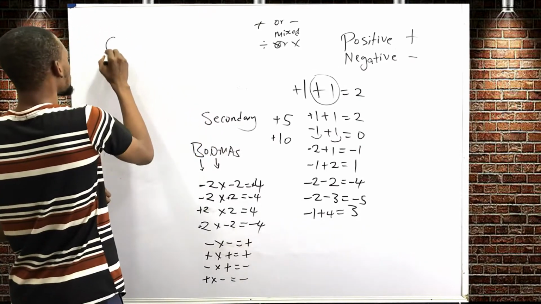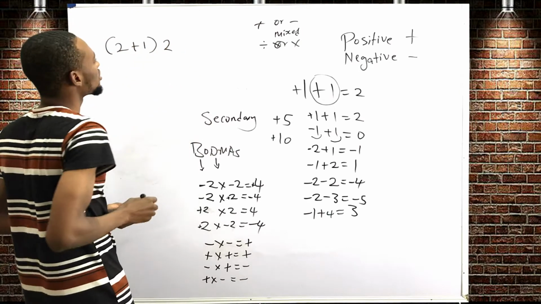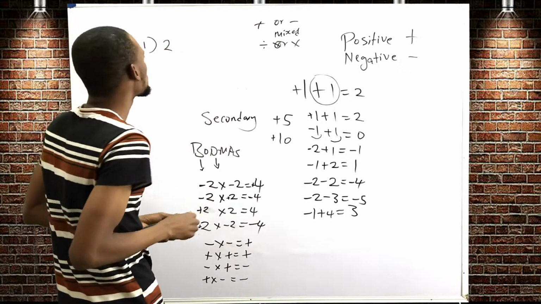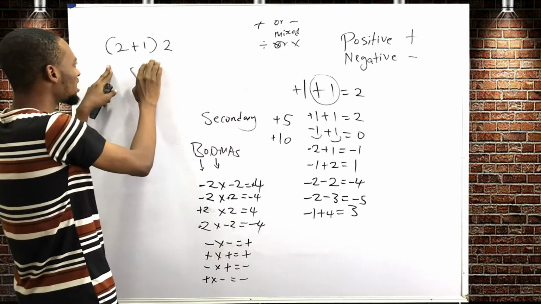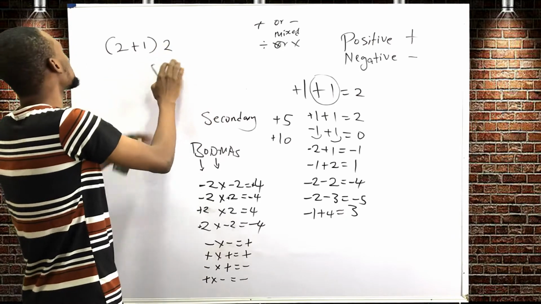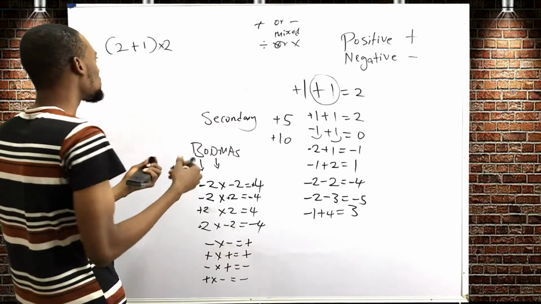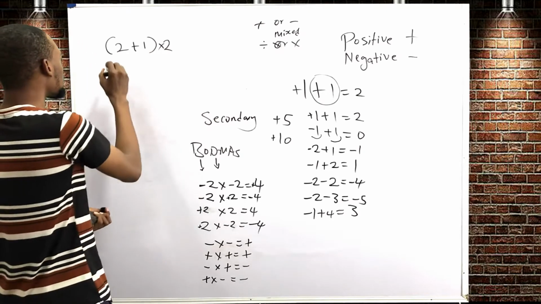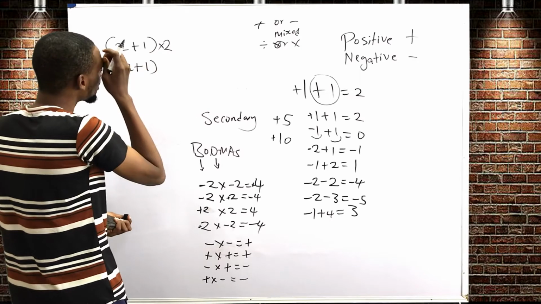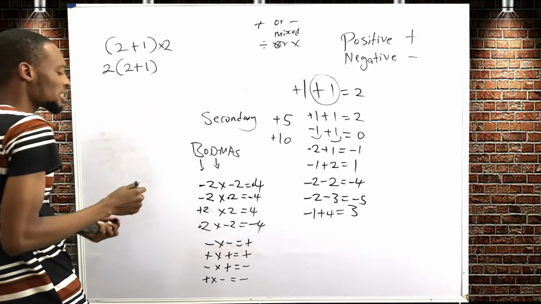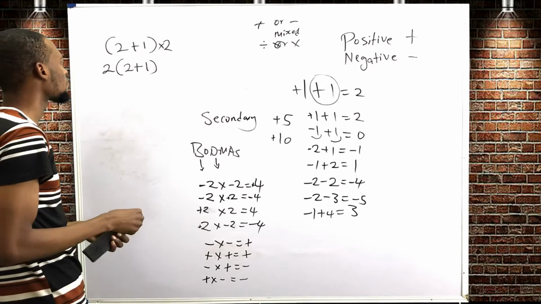If I say 2 times the bracket 1 plus 2. First, what does this mean? When you have brackets, anything outside the bracket is multiplying the bracket. Whether there is a times sign here or not, it's multiplying it. And there are ways you can do this.